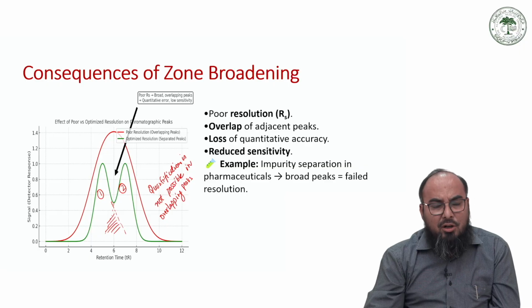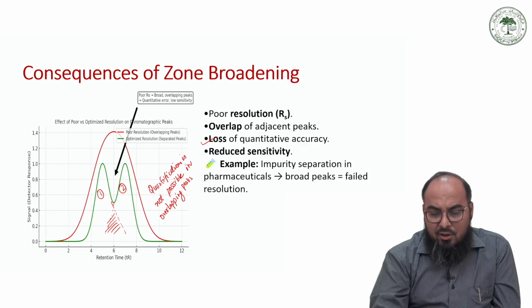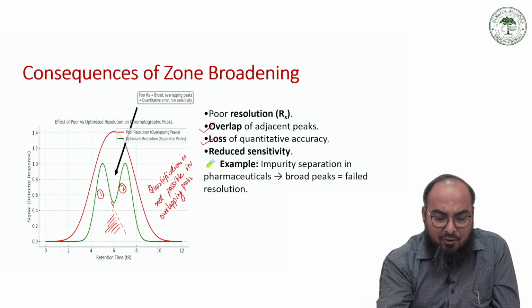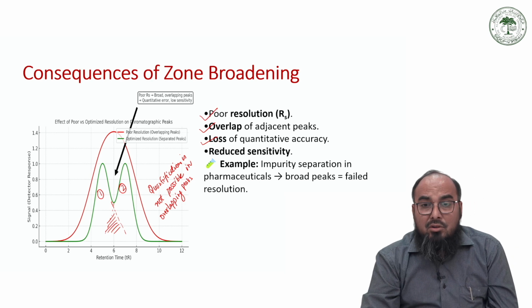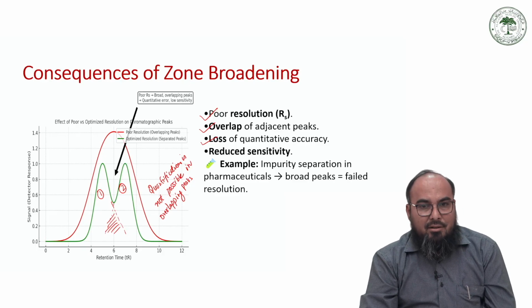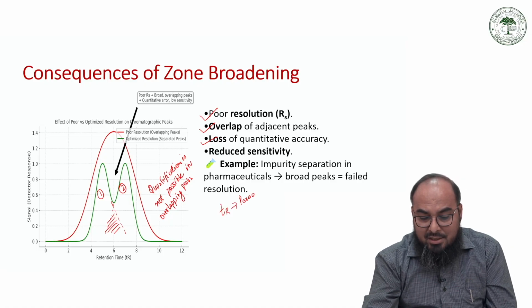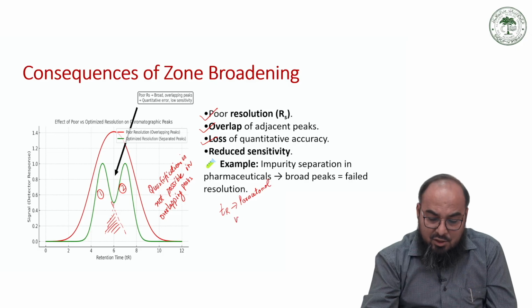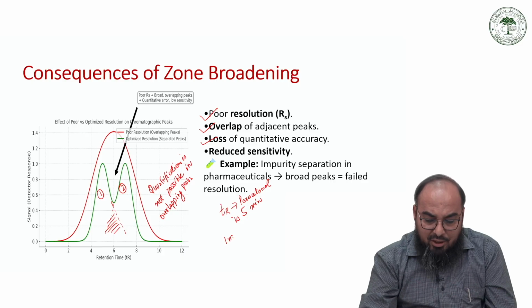Similarly, if the resolution is not good, then the quality is also affected. There is a loss of quantitative accuracy because of the overlap of adjacent peaks, and of course the resolution is poor because you already get a broad band. A common example is that if some impurity is there, you cannot separate it. Let us suppose that the TR of your paracetamol is 5 minutes, and unfortunately that of your impurity is 6 minutes.